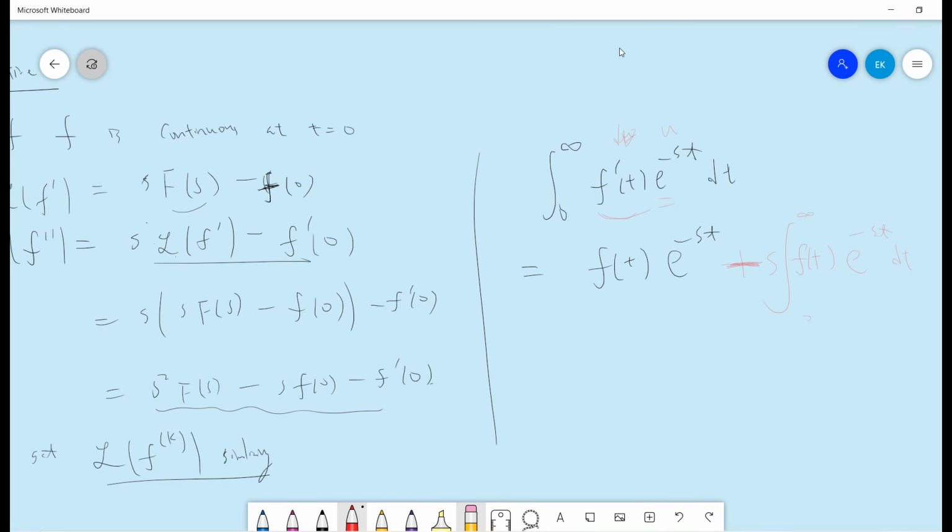Evaluating from 0 to infinity, putting infinity gives 0, and putting 0 gives minus f of 0, plus s times the Laplace transformation of f, which is F of s. Okay, so we have proved it.